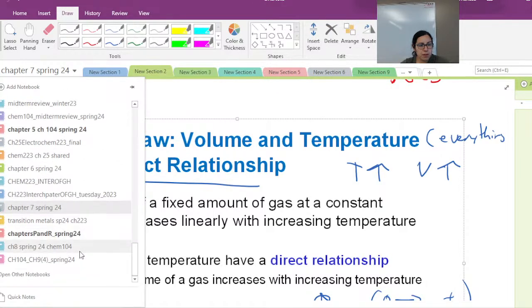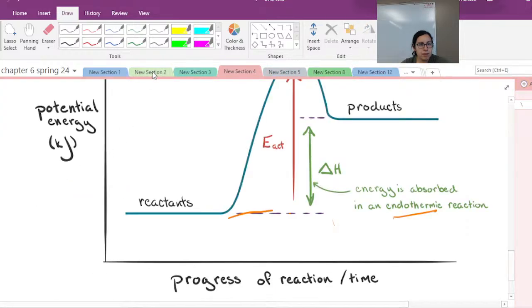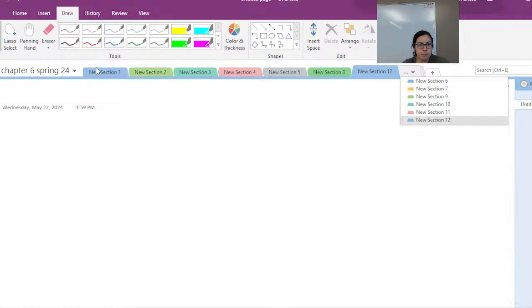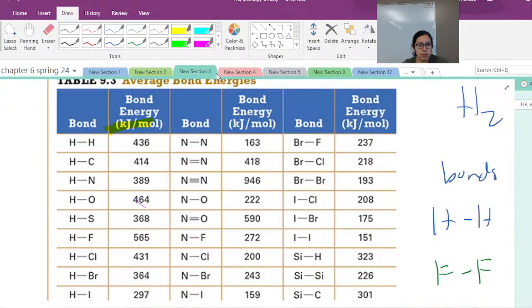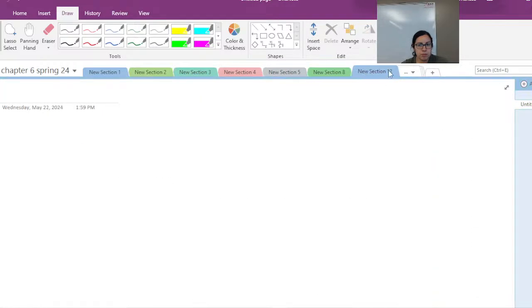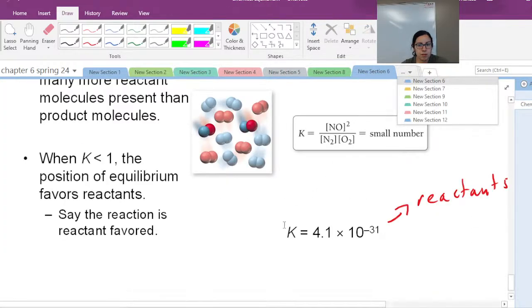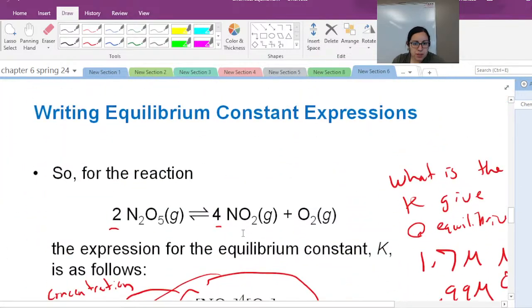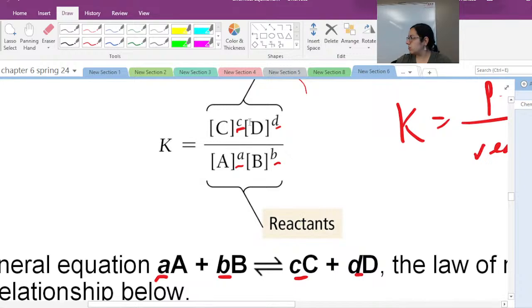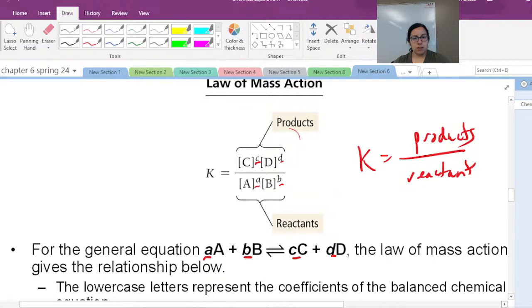Might have been further back. Oh, here we go. So remember these equilibrium expressions, and it mattered what their coefficients were. We raised them to the power of their coefficients. So do we remember this? Yes, vaguely?